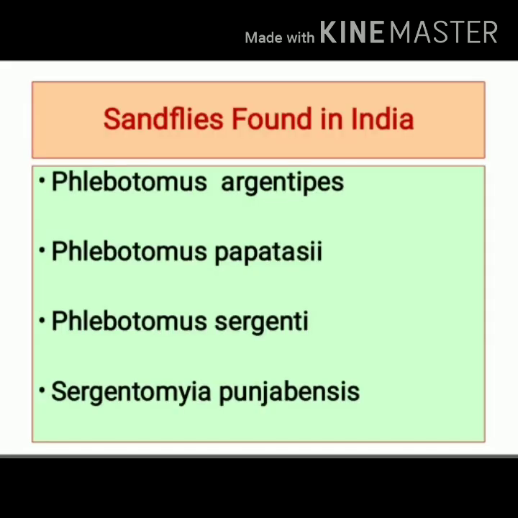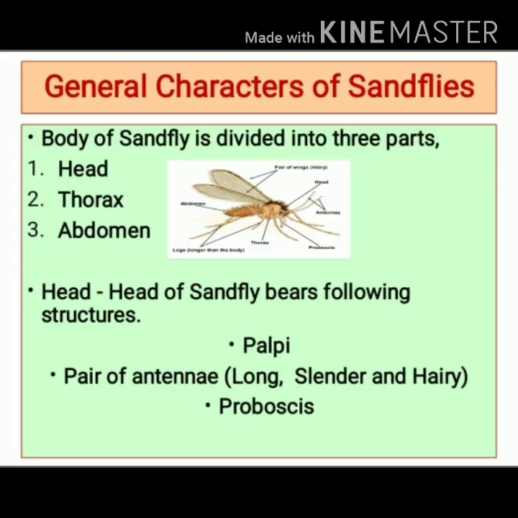Important species of sandflies which we can find in India include Phlebotomus argentipes, Phlebotomus papatasi, Phlebotomus sergenti, and Sergentomyia punjabensis. What are general characters of sandfly?